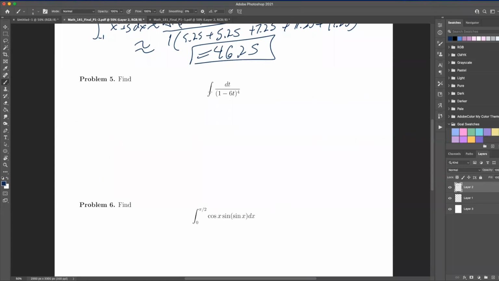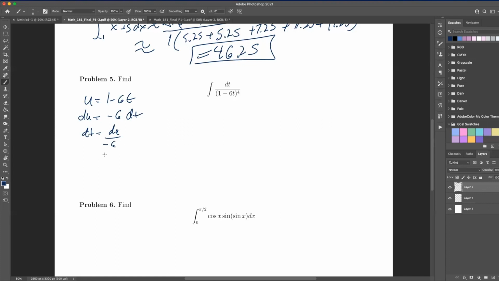So here we're going to use substitution, right? And so we're going to let u equal 1 minus 6t. And then du is going to equal negative 6 dt. And so dt is equal to du divided by negative 6.